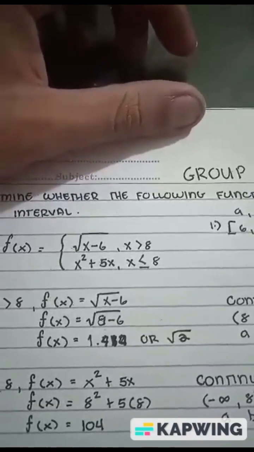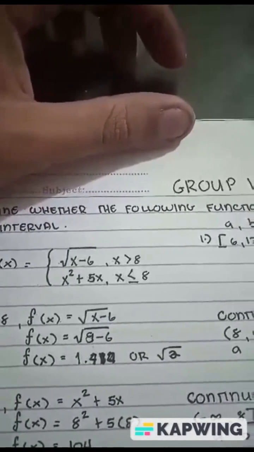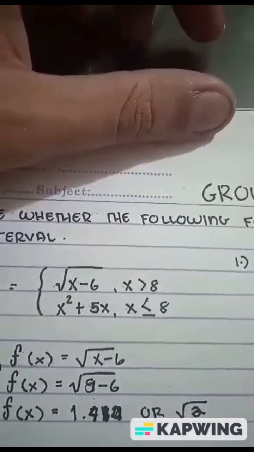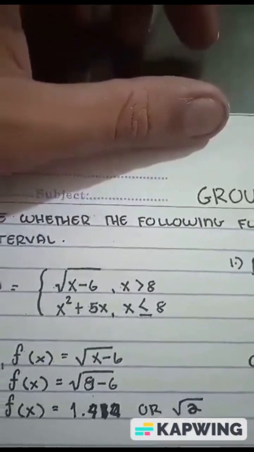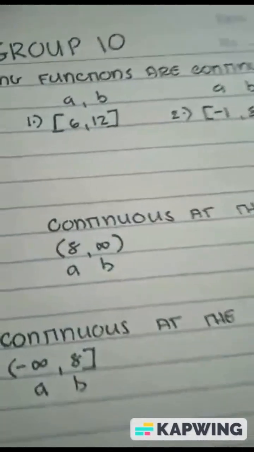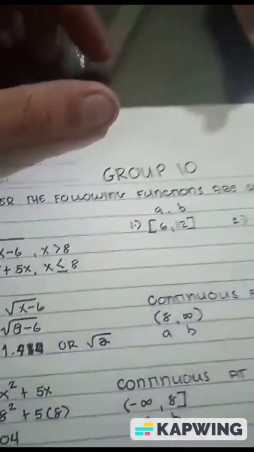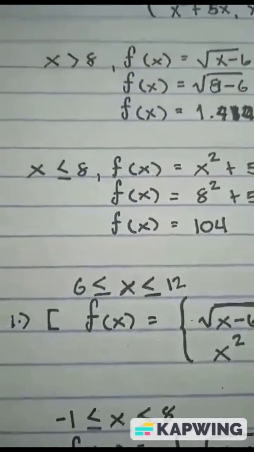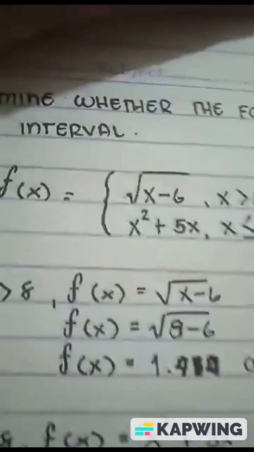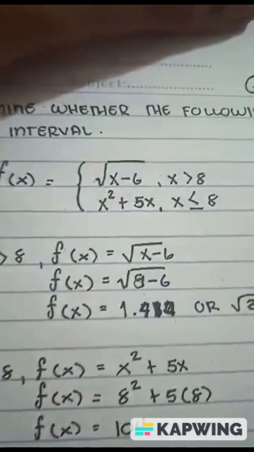So for reference, our first piecewise function, x is greater than 8, should be our A. And the second one, x is less than or equal to 8, since it has the equal, it should be included, and it should be our B. So for our first interval, 6 and 12, both are included, but if we look at 6, that will be our problem, because in our first piecewise function it's a radical, and if you substitute 6 or any value below, it will have no value.